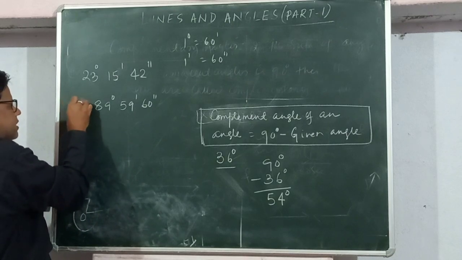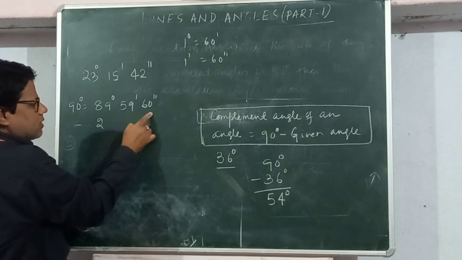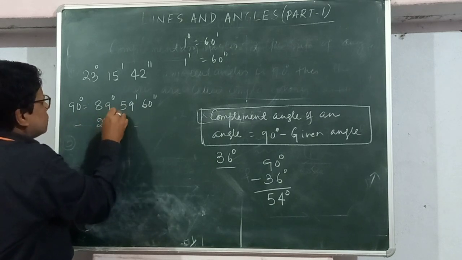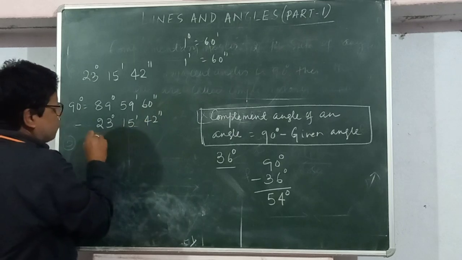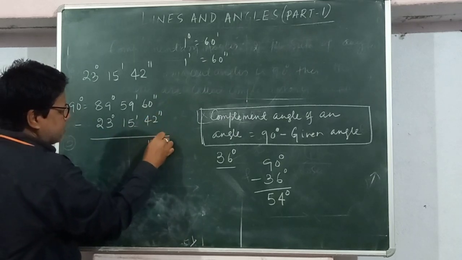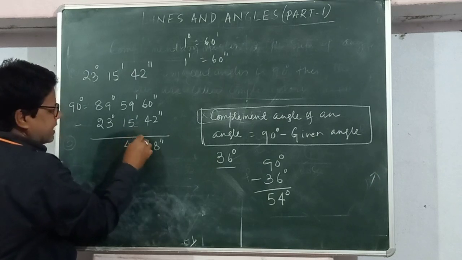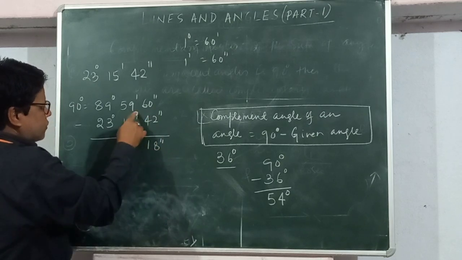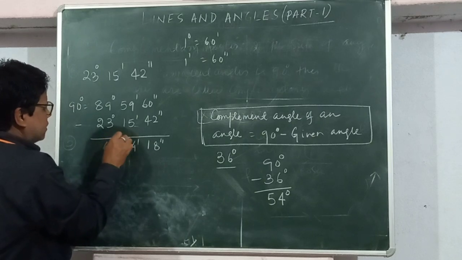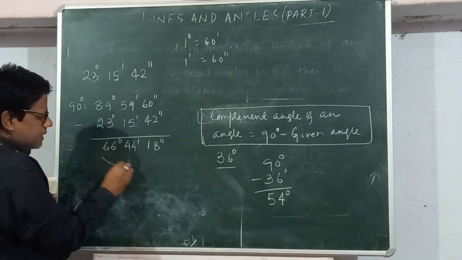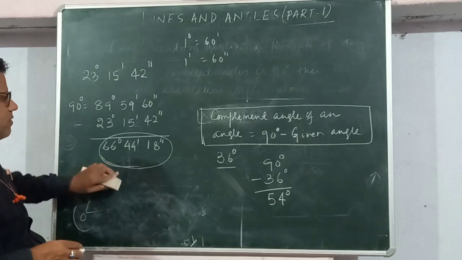This is your 90 degree. Minus 23 degree, 15 minutes, 42 seconds. Then it is 18 seconds, 44 minutes, 66 degree. Now the complement angle is 66 degree, 44 minutes and 18 seconds.